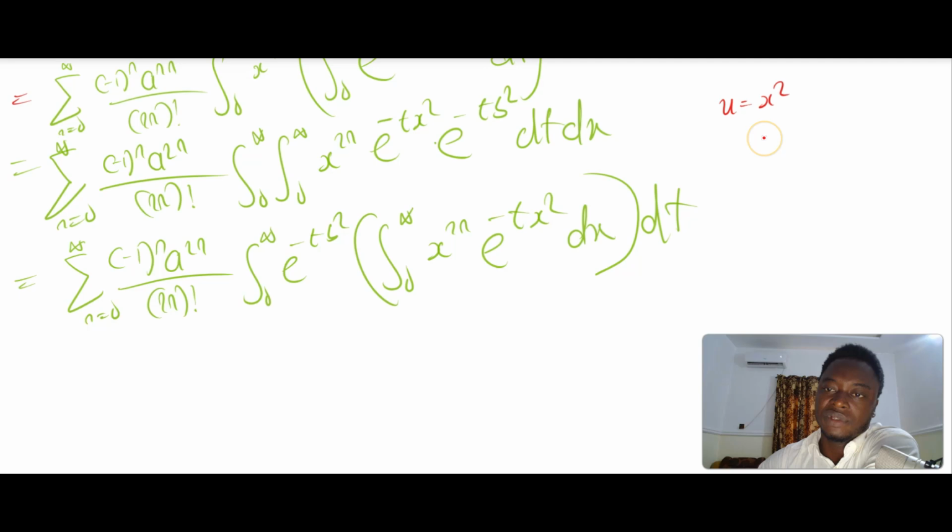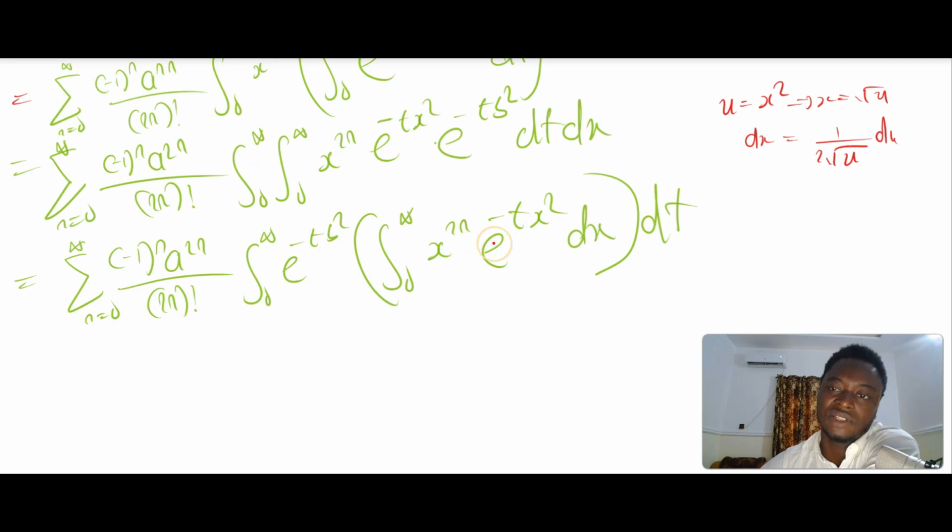Then x is the square root of u, so dx would be 1 over 2 square root of u du. So this dx is going to be replaced by this.